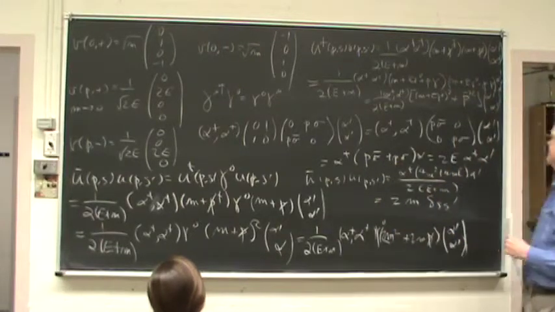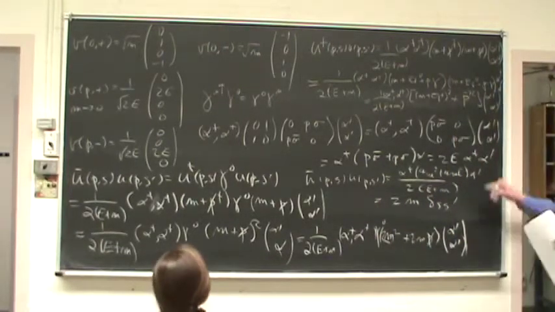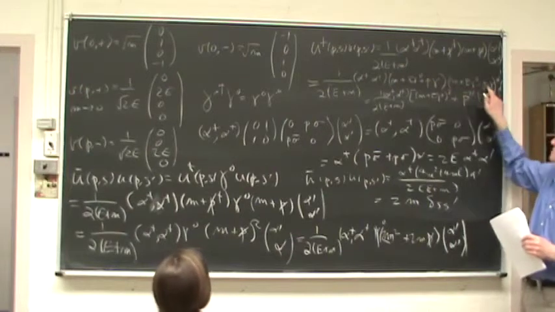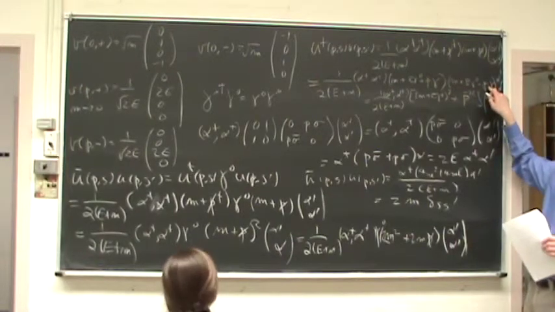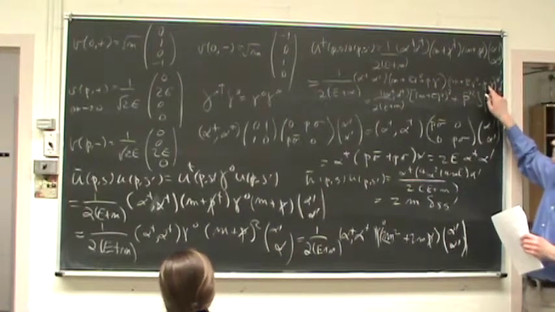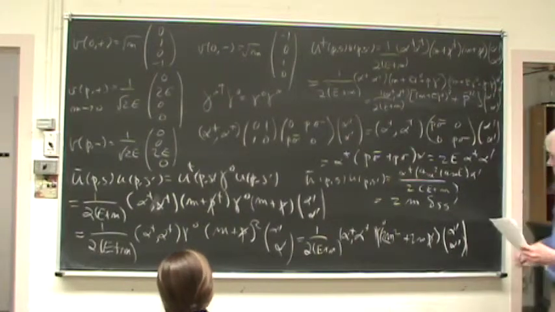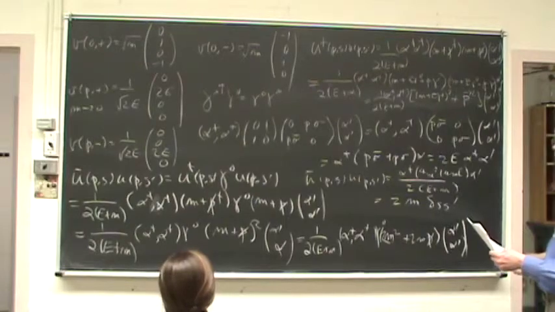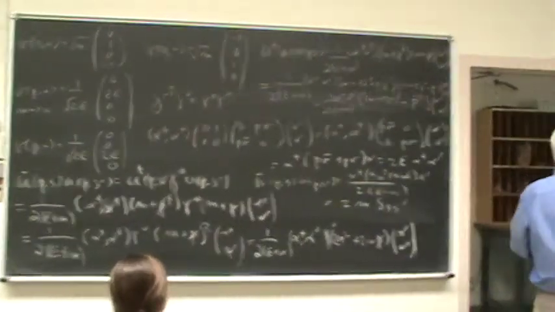Now you might say, why is it plus p vector squared? Well, p dot gamma times p dot gamma is minus p vector squared, and then there's another minus sign. Okay, well, let me just give you what the answer is.